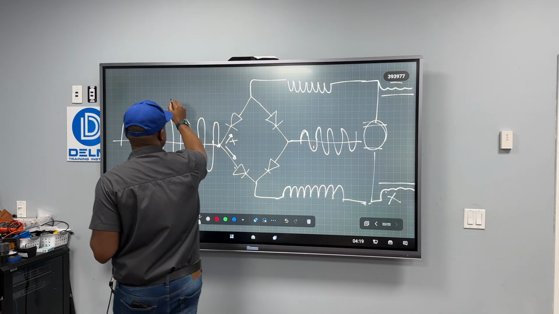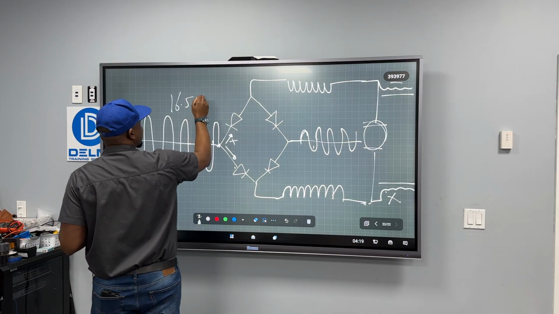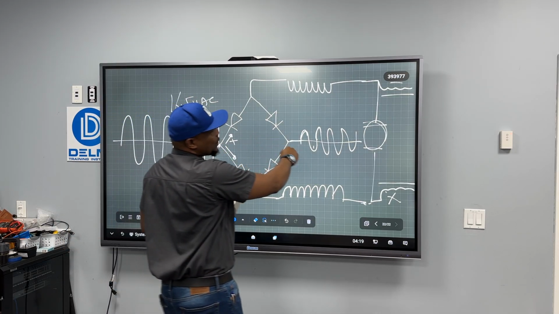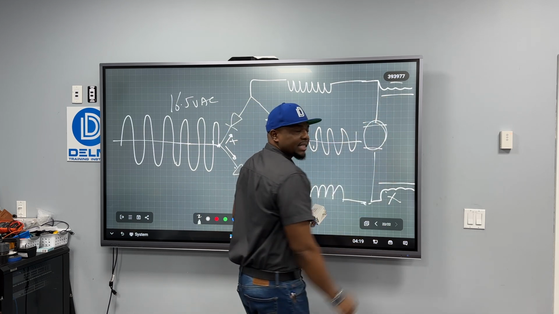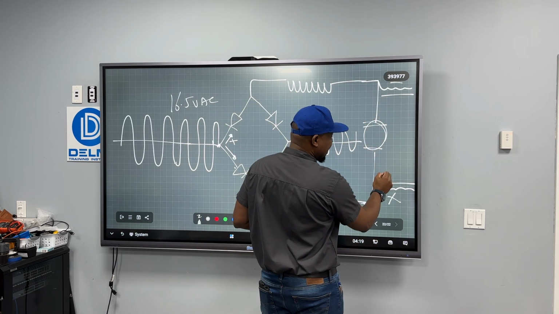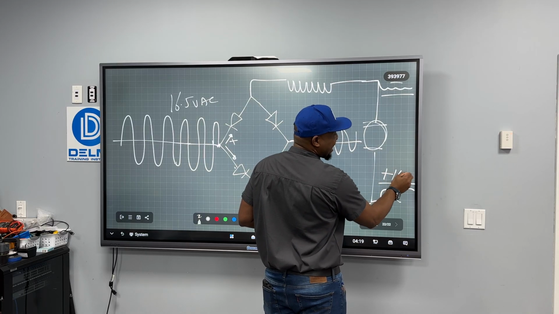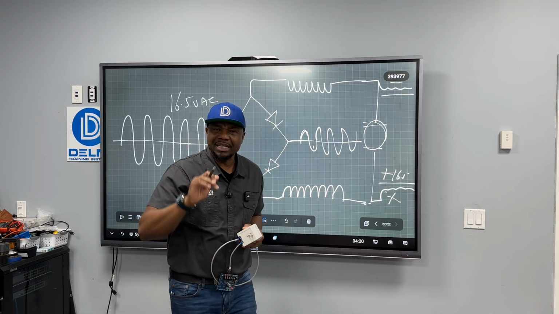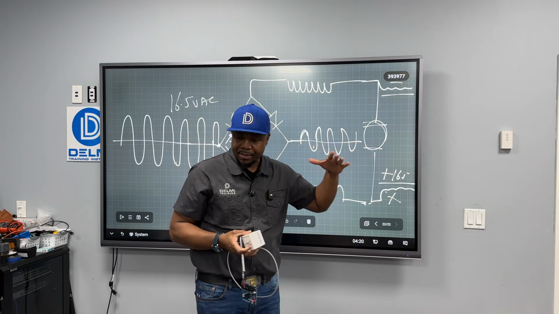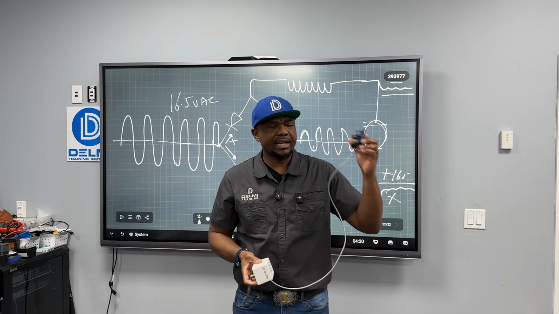So what I'm doing here is 16.5 volts AC. After doing that, I'm going to have 16.5 volts DC. So this is going to be my positive 16.5, and sometimes there are a few losses in here. But you can take this and you can do so many things with it. And that's what they've done here.